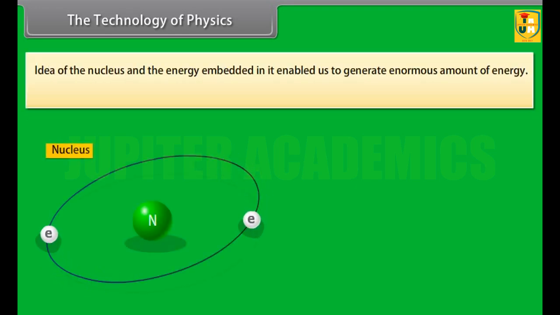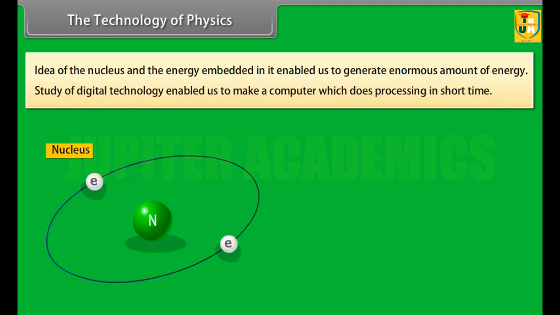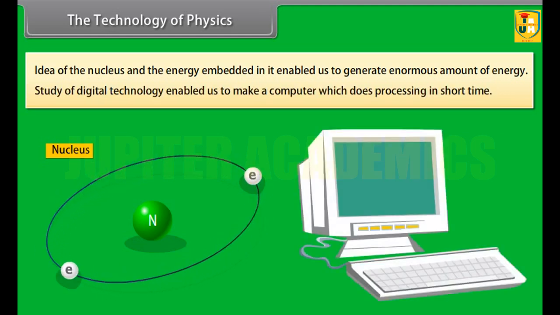The idea of the nucleus and the energy embedded in it enabled us to generate enormous amounts of energy. Study of digital technology enabled us to make a computer which does processing in a short time.